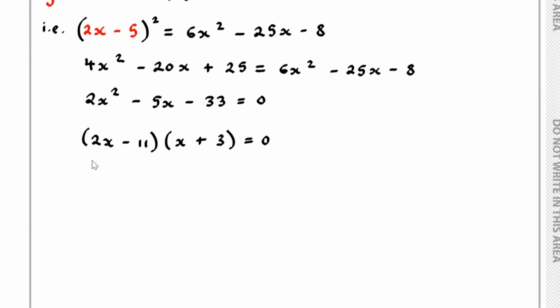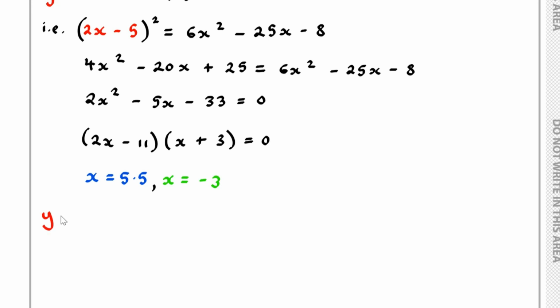Which means, if 2x minus 11 is 0, x is 5.5, and if x plus 3 is 0, x is minus 3. So we can now find out the corresponding y values.